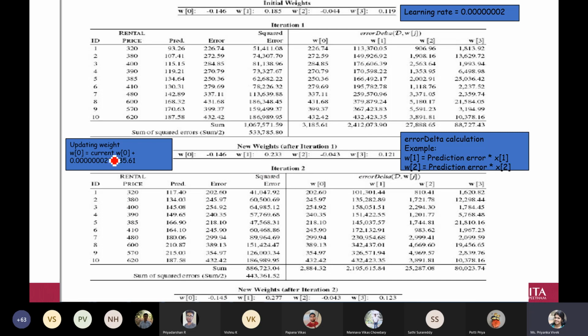Now the updated weight. The formula is not put here, so I'll just show it.